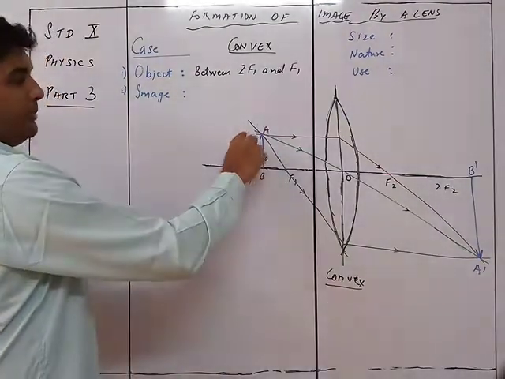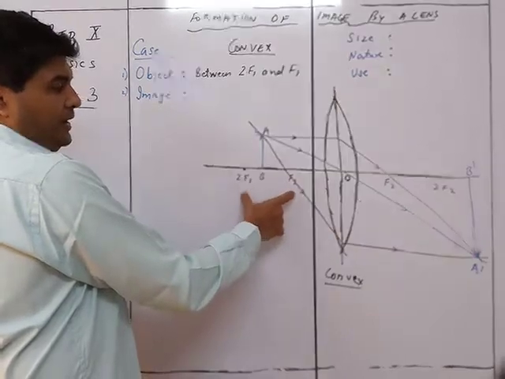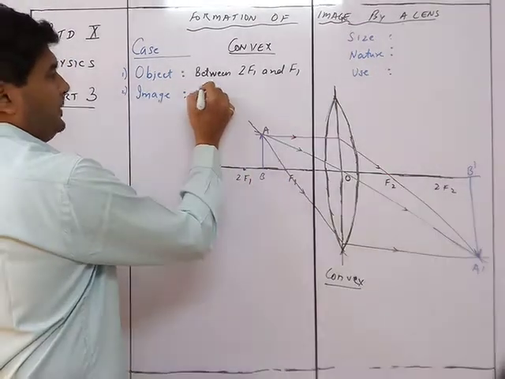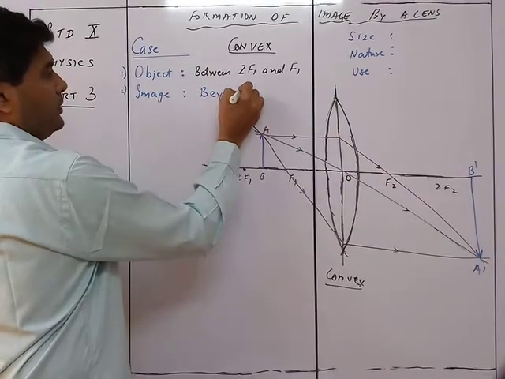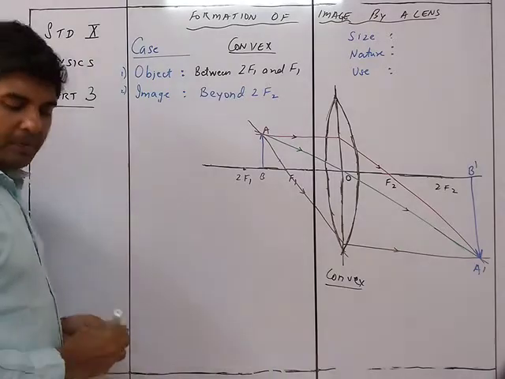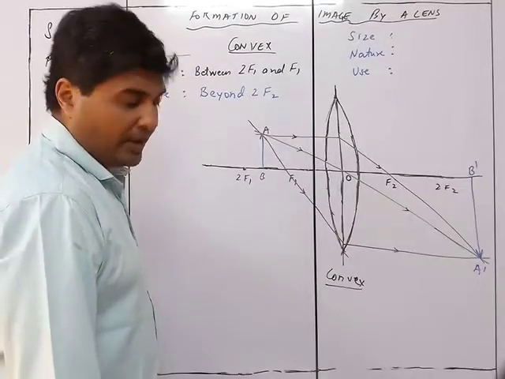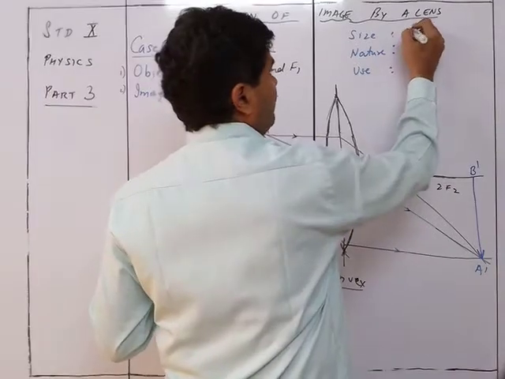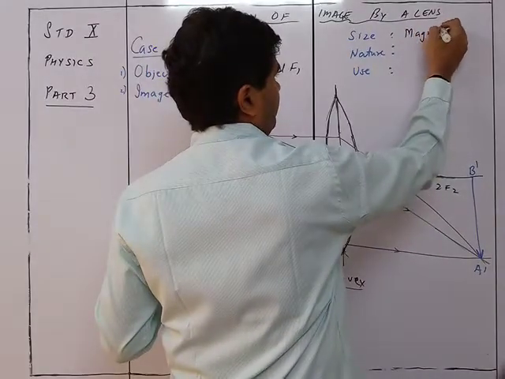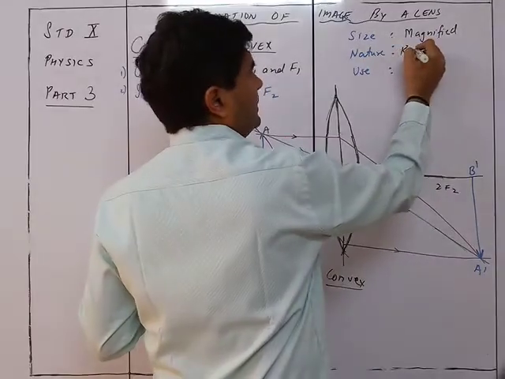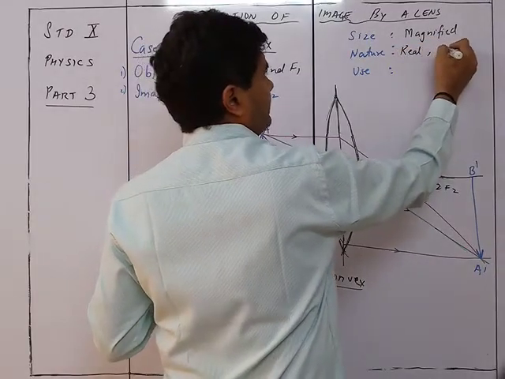So object between F1 and 2F1, the image will be beyond 2F2, and the size of the image will be magnified. Nature will be again real, inverted.